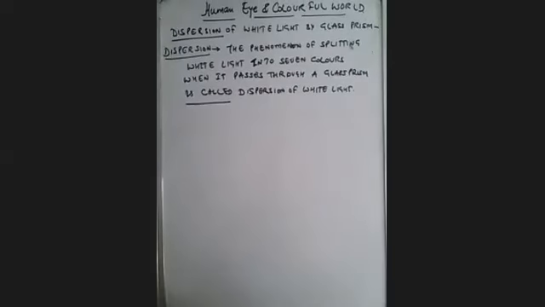Okay, we already know that white light is made up of 7 different colors. And when this white light is made to pass through this glass prism, then all these 7 colors of which this white light is made up of get separated, they get split up. They no longer move as a single white light, and that phenomenon is called dispersion of light.